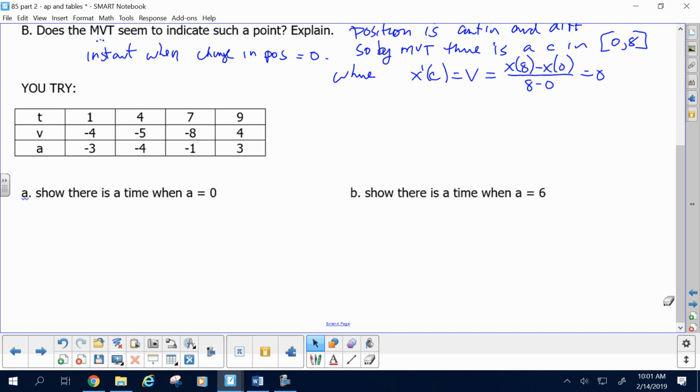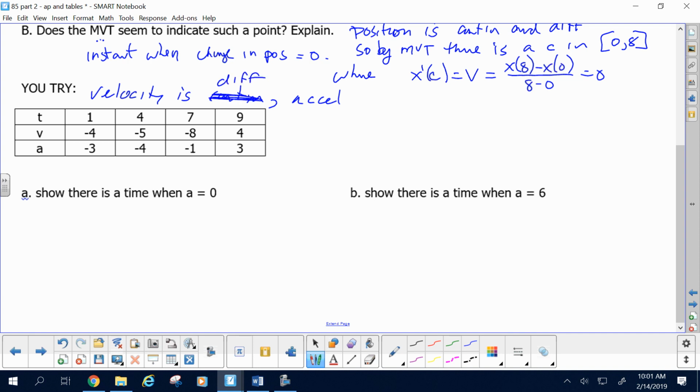Velocity is differentiable and acceleration is continuous. It's a bad problem.